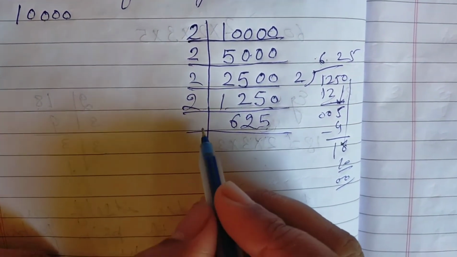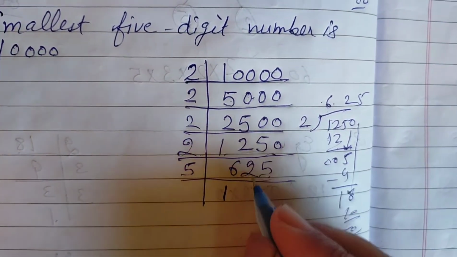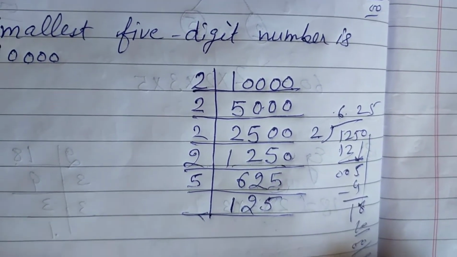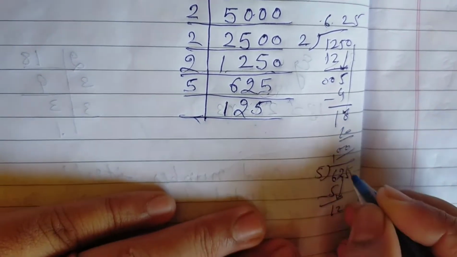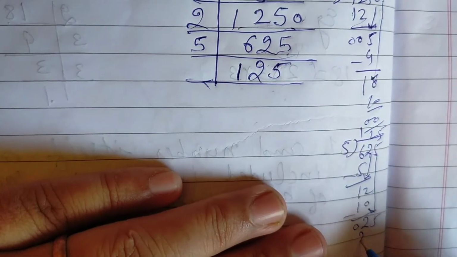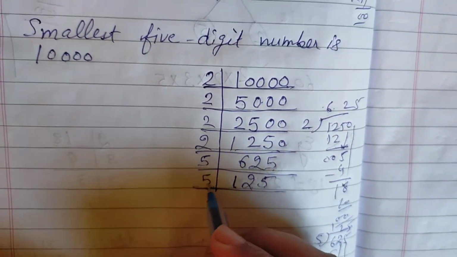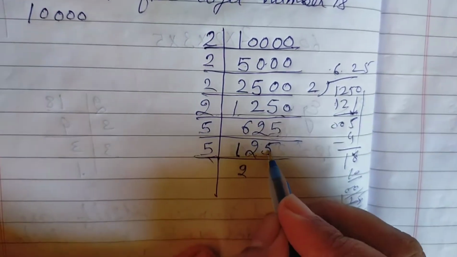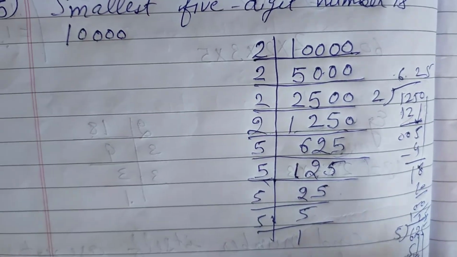So we are trying to divide it by 5. 5 1s are 5. 2 carry, 5 2s are 10 and 5 5s are 25. अगेन अब मैंने ये सेम ही डिवीज़न मेथड यूज़ किया है. ओके, सो हमारे पास आया 125. अगेन 5 के साथ 5 2s are 10. यहाँ पर 12 है, 12 minus 10, 2 कैरी हो गए, 25 बन गया. 5 5s are 25, 5 1s are 5.